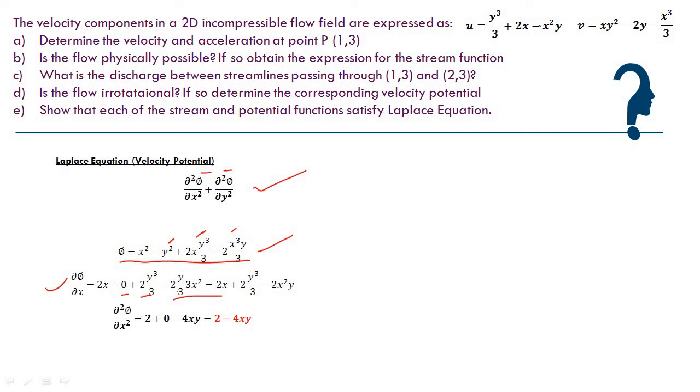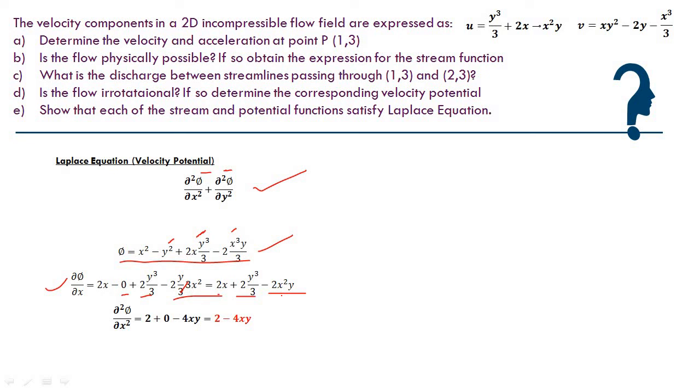So you simplify, you will be getting 2x plus 2y cube by 3 minus 2x square y. That is dou phi by dou x.